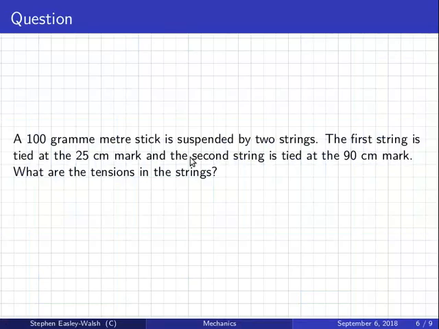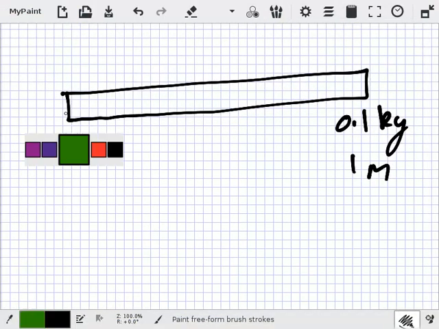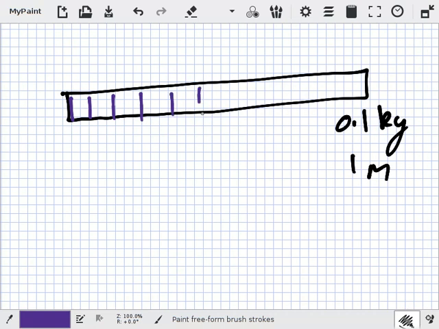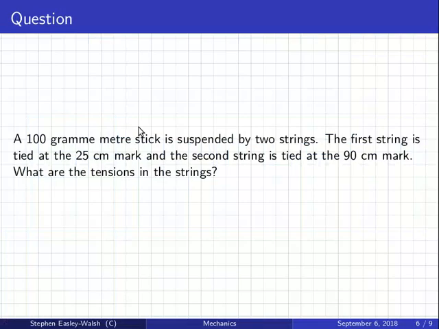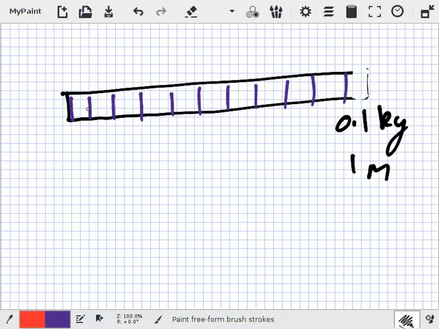The first string is at 25 and the second is at 90. So you've got 0, 10, 20, 30, 40, 50, 60, 70, 80, 90, 100 centimeters. So the first string is at 25 and then the second string is at 90.